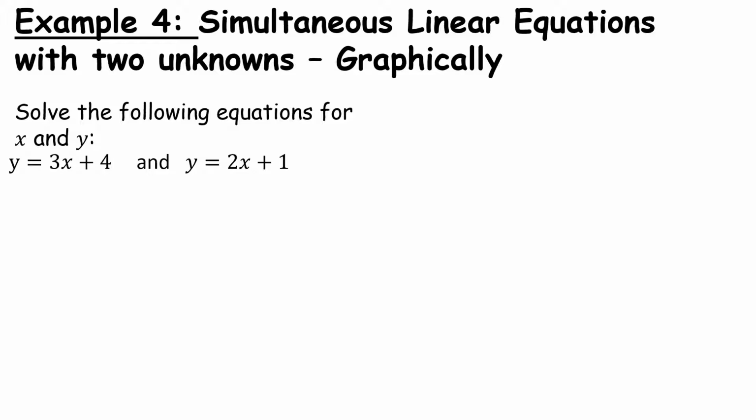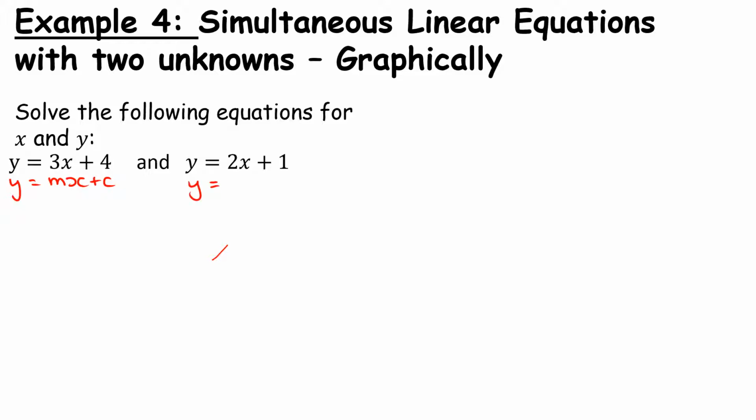So example 4 is if we were talking about two linear equations, how would we solve them graphically? So we're going to link a little bit to coordinate geometry of the line here. If you have your log tables, you can take a look at page 18, and on page 18 there is a formula for the equation of the line, and that formula is y equals mx plus c.